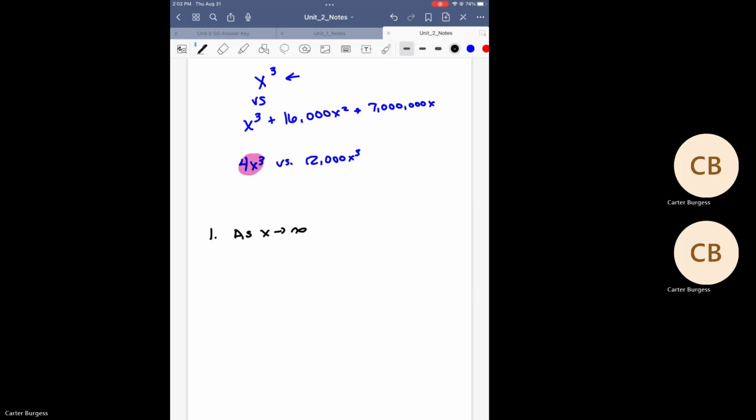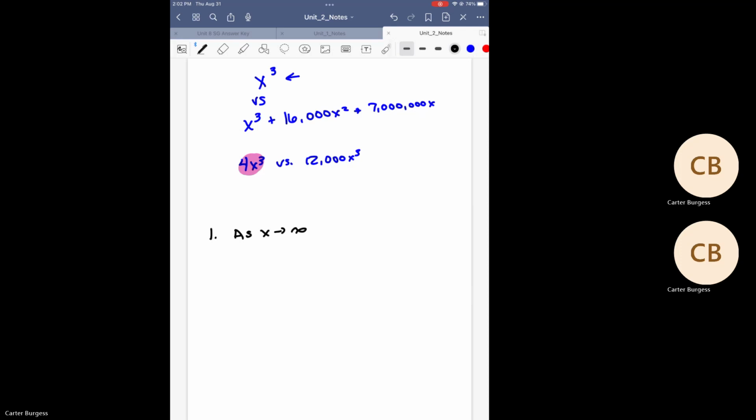No. Taking a number and raising it to a power does not change whether it's positive or negative. What is going to impact whether it's positive or negative is the coefficient that lives out in front. So it's that a sub n that can dictate what happens as we go towards positive infinity.